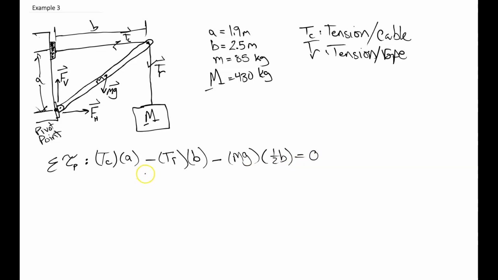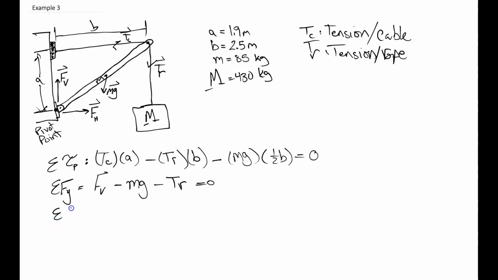And now, if we consider the sum of the forces in the y direction, we get that F sub V minus mg minus T sub R has to equal 0.